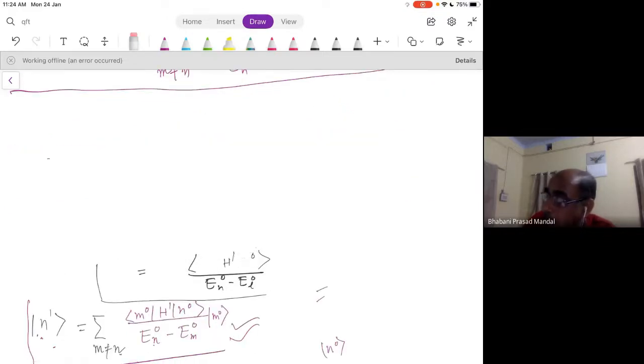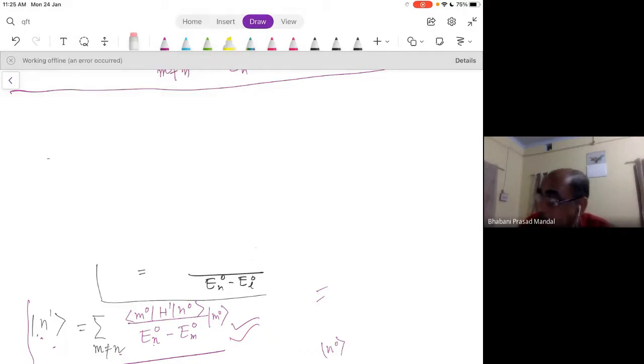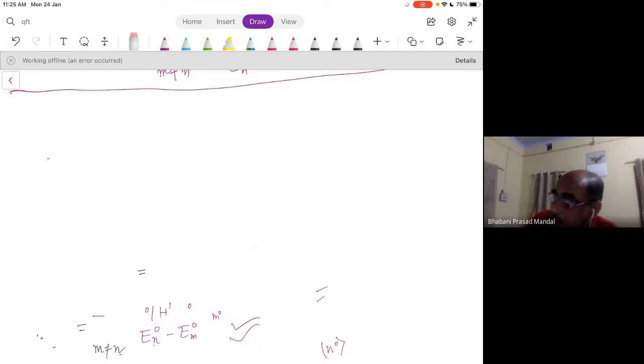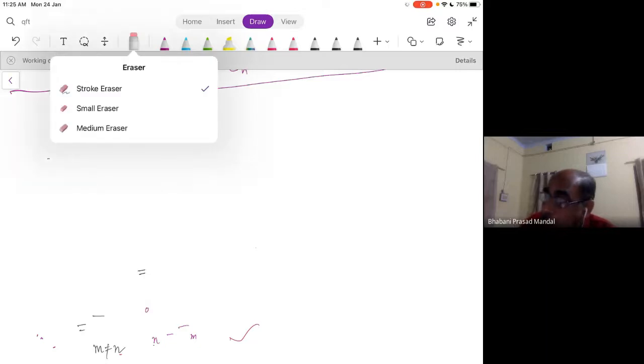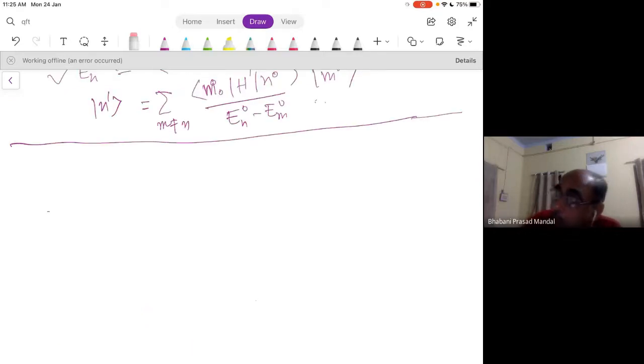I may assume that a few students may not know the operator method. Then please learn it from your friends or from Griffiths' book or any other book, because that is very essential, and because of lack of time we cannot cover it.